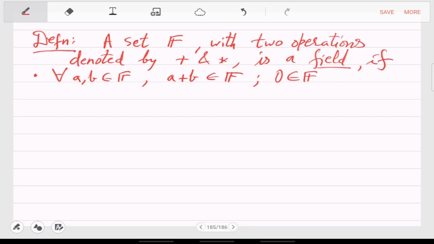So we want 0 to be in the field and minus A to be in the field. Okay, these are the axioms associated with addition.